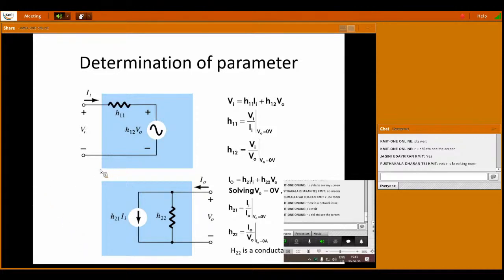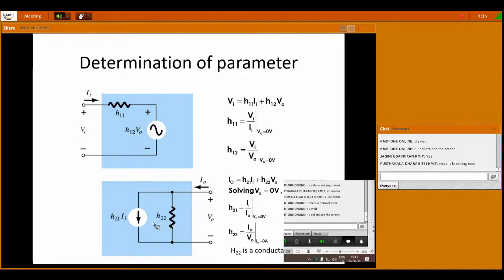Now these are the methods of how to calculate your input resistance, reverse voltage gain, forward current gain and output admittance. So here, we shorted your output terminals, then we obtain your input resistance as well as your reverse voltage gain.